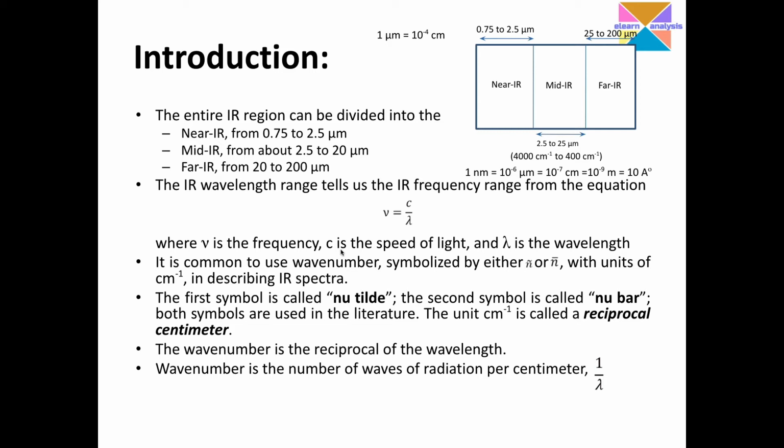number rather than the wavelength, which is because wave numbers as units are directly proportional to the energy. Okay, this you will understand if you see 2.5 and 25 micrometer, which is nothing but the wavelength, and 4000 to 400, which is nothing but the wave number. In terms of the magnitude of this number, the higher the wave number corresponds to the higher energy.